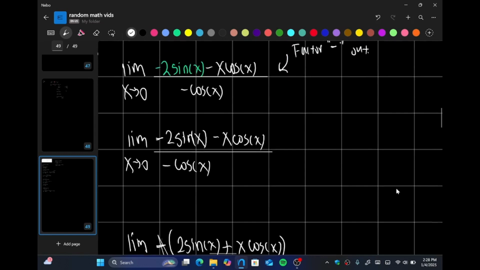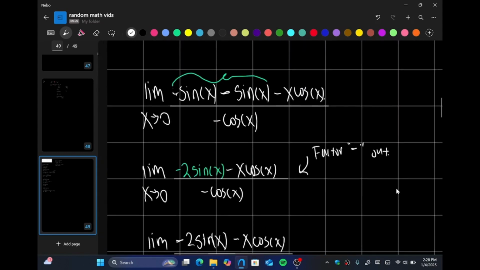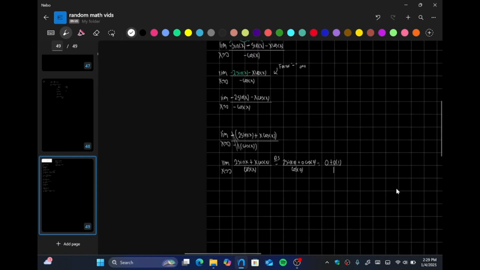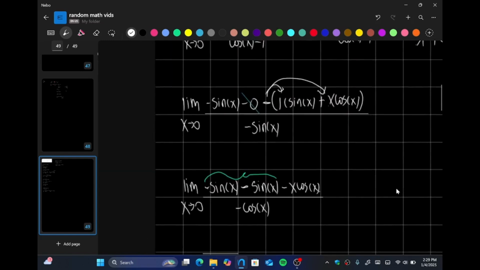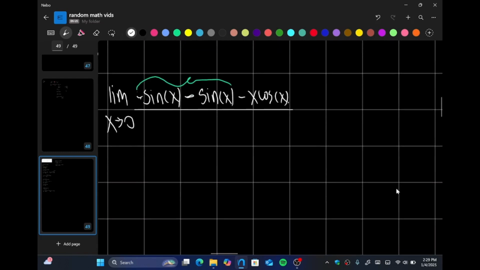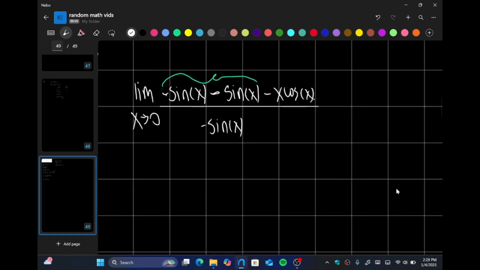Actually, hold on, guys. Did I make a mistake here? Oh, I knew it. I made a mistake, guys. I'm sorry. This is a really tedious problem. I always tend to do that. This is supposed to be negative sine x.